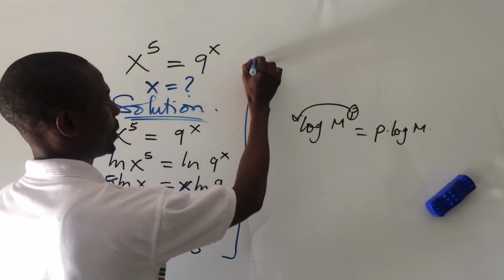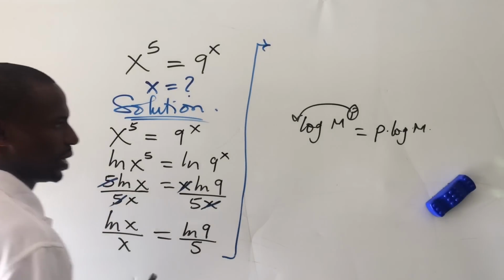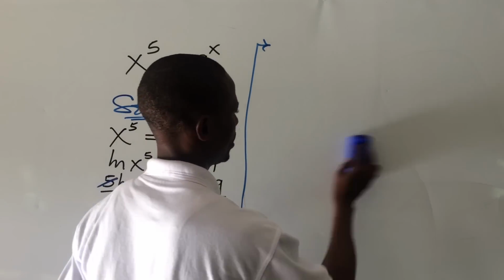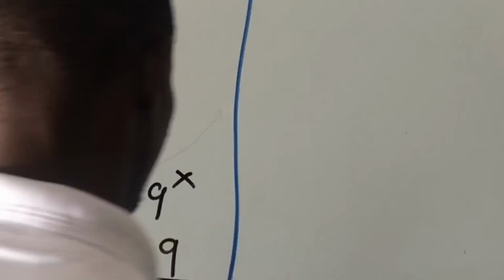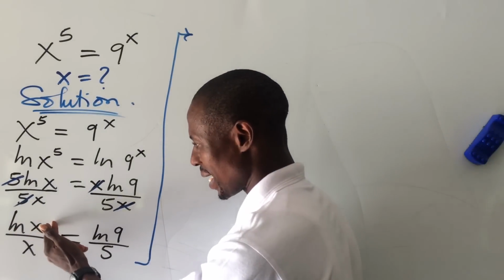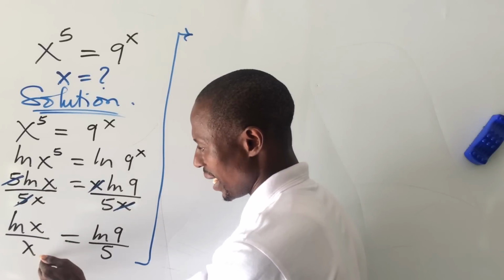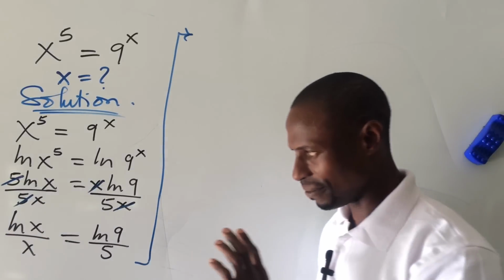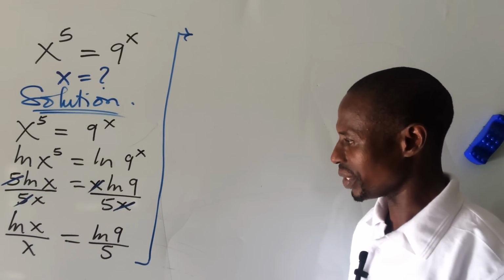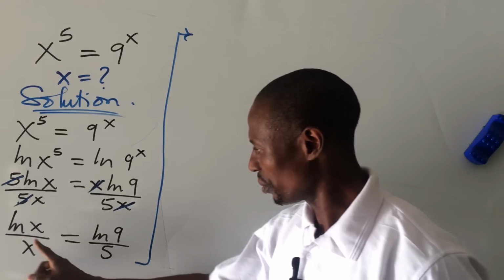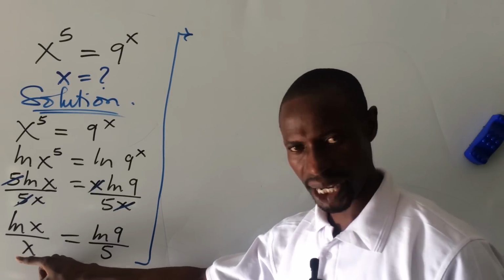From here, let's move to the other side of the board. With what we have in here now, we have ln of x all over x here, and we're actually looking for x. So what do we do to get our x? I'm going to rewrite this expression here now.